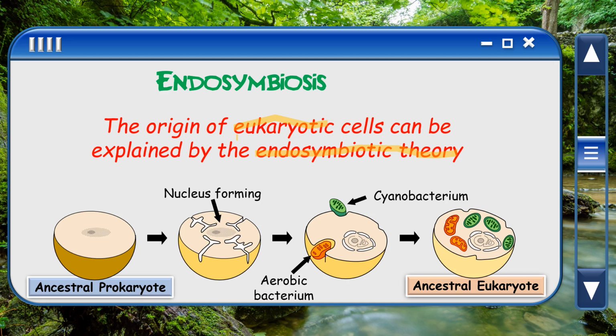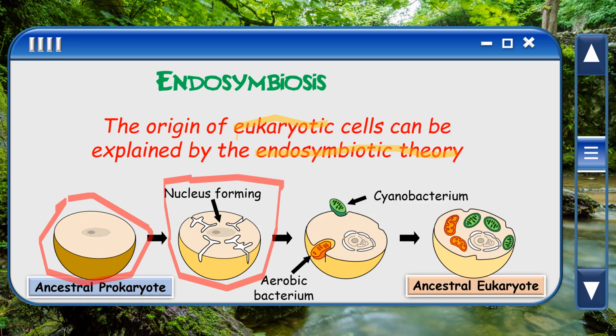We say that there are two types of cells, the prokaryotes and the eukaryotes. Prokaryotes lack a nucleus and membrane-bound organelles. So the origin of the eukaryote might have been prokaryotes, which did not have a nucleus. But later, with time, those prokaryotes developed the nucleus.